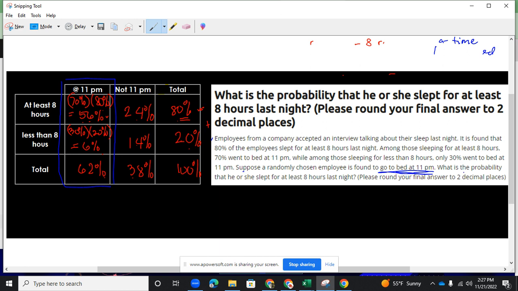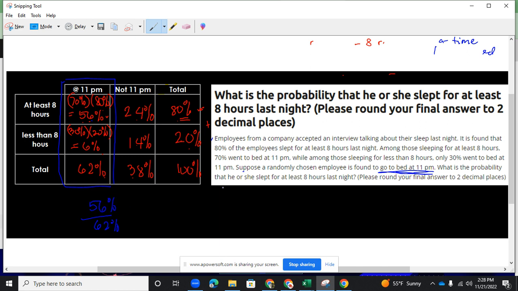Okay. What is the probability that he or she slept at least 8 hours? Well, they're saying out of all the people who slept at 11, how many slept at least 8 hours? Well, how many people slept at 11? They'll have 62%. And then out of this 62%, how many slept at least 8? Well, that's 56. So it's really just a ratio, okay?